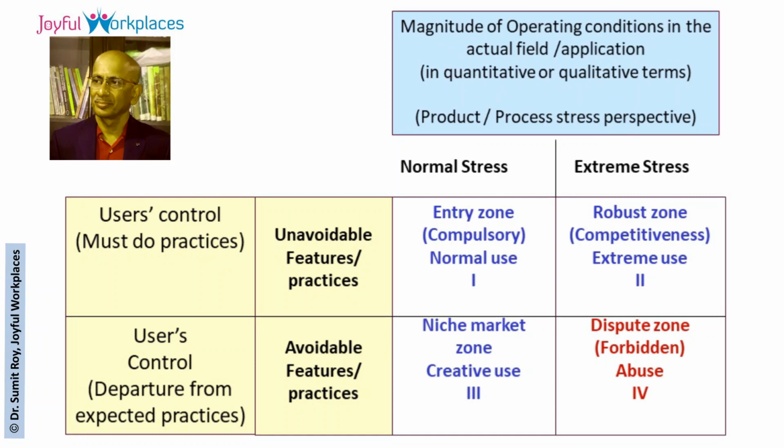If they are what is normally felt in that particular area where the product has been sold, we need to know whether the customers are able to use the basic functionalities of the product as desired in the normal stress.